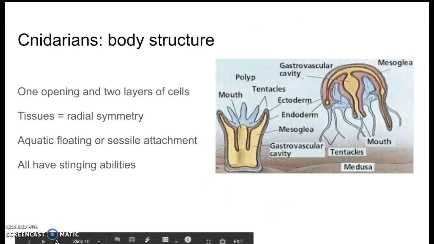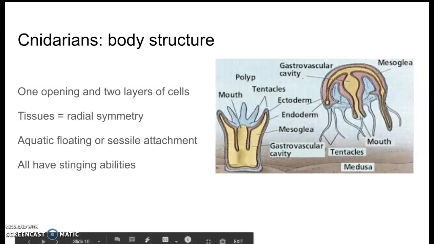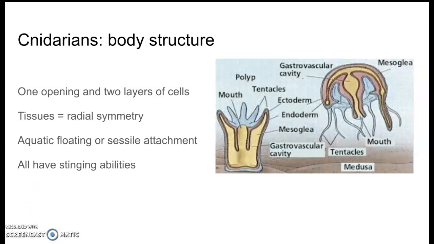Okay, so their body structure, they also have two stages of life. They have the polyp, and the second stage is the medusa. Different organisms may have a predominant stage, similar to the alternation of generations, where they go between two stages, and some plants are more likely to be in one stage than another.